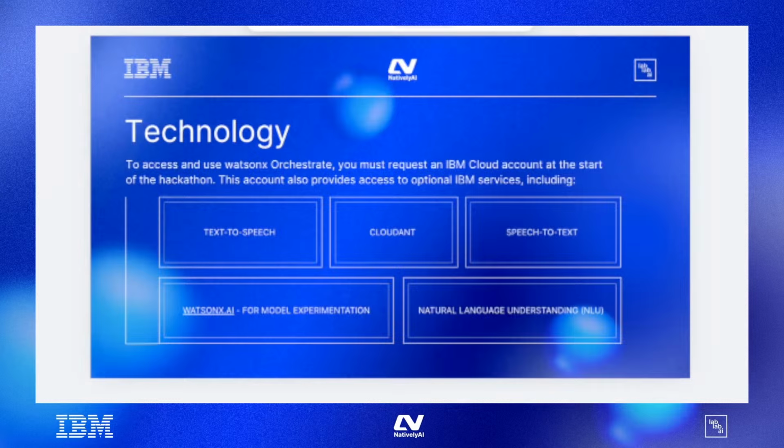If it comes to technology, in order to access and actually use the watsonx Orchestrate at this hackathon, first of all, you should request an IBM Cloud account at the beginning of this hackathon, which is now. All the participants who registered to this hackathon, check your email inboxes and you should receive all the instructions how to access that.